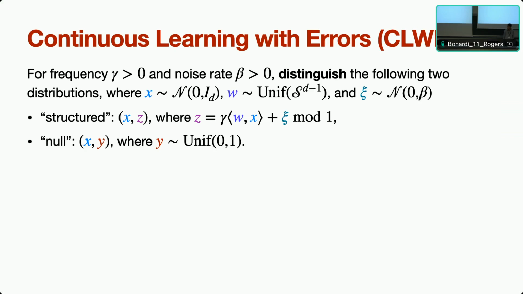But in the structured distribution, the label z is equal to a noisy linear function of x mod 1, so you're only taking the fractional part of this value. The weight w is a uniform unit vector, and psi is again a Gaussian noise. And in the null distribution, your label y is just a uniform random variable from 0 to 1.